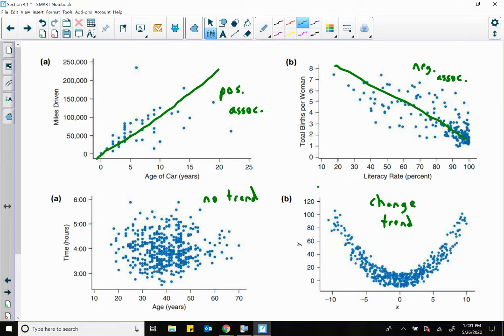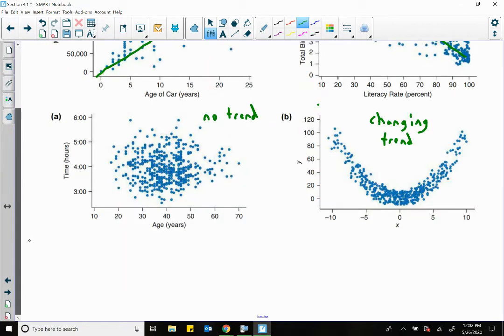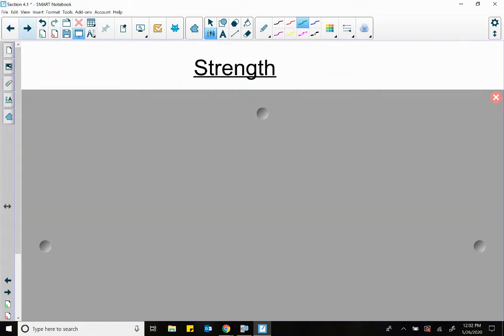And again, you'll know why here in just a second when I talk about shape, okay? So these are those associations, those trends that we're talking about, all right? We like positive associations. We like negative associations. We don't like it when there's no trend or there's changing trend, okay? And this should be changing trend, not change trend. Okay? All right. So I don't think I have anything. Nope, nothing down below. All right, moving on.